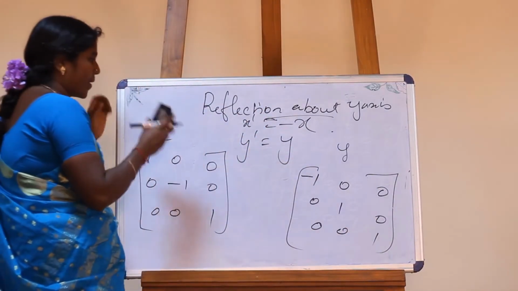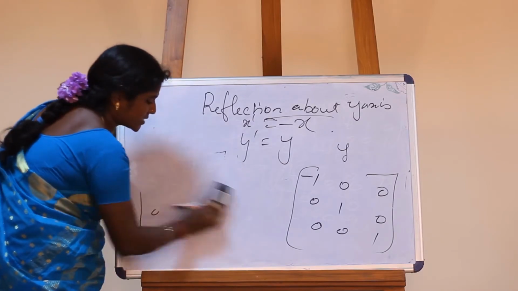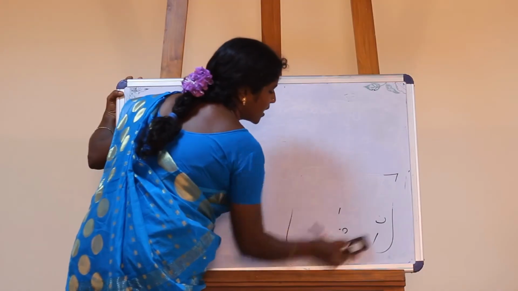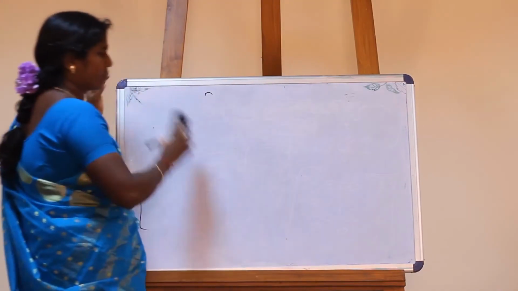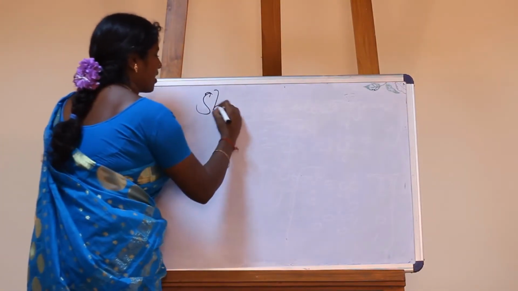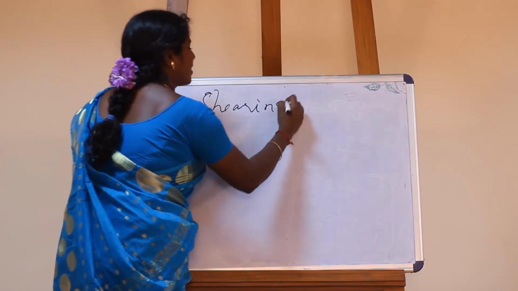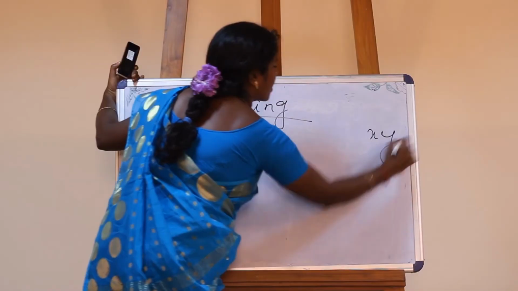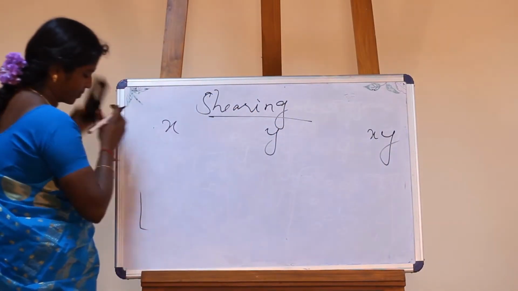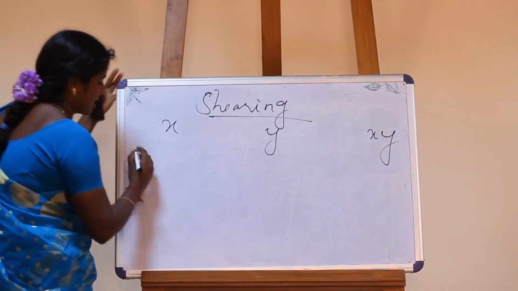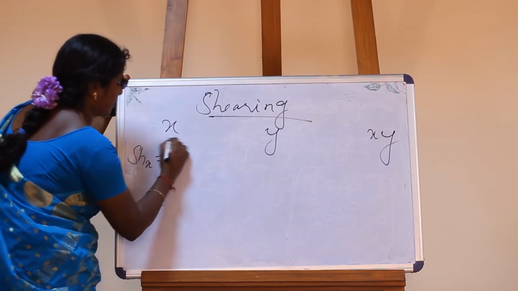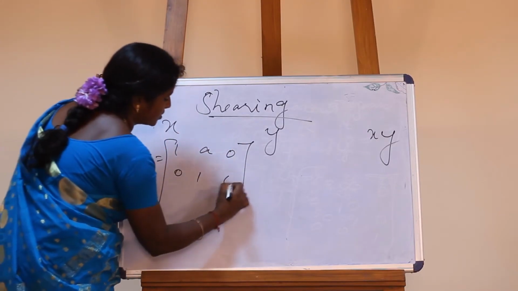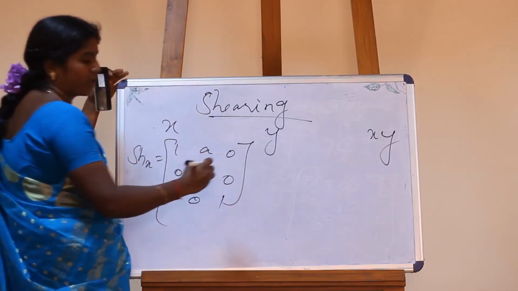Next we see the topic shearing. Shearing means a change in the shape of the object. Shearing is applied about the x axis, the y axis and the xy axis. The matrix form of the shearing about the x axis is 1, a, 0; 0, 1, 0; 0, 0, 1.